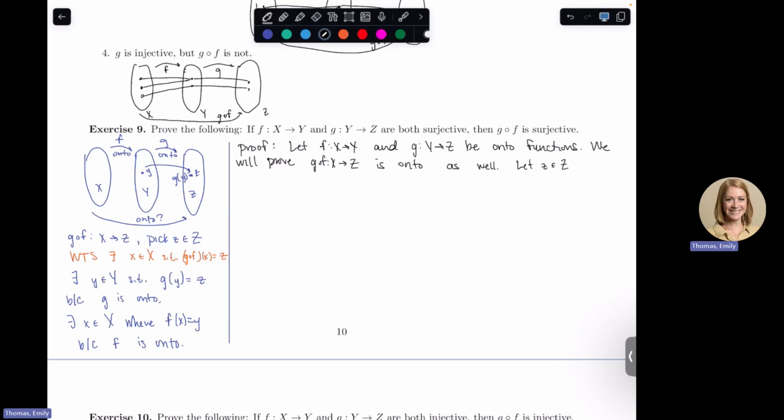We're going to let z be in big Z, little z in big Z. And we're going to say something like, since g is onto, there is a y in big Y such that g of little y equals z.